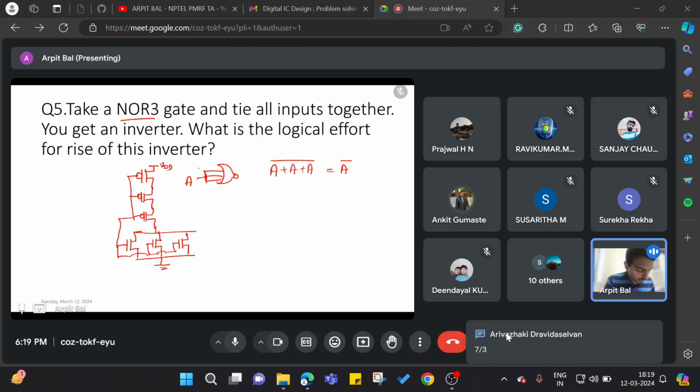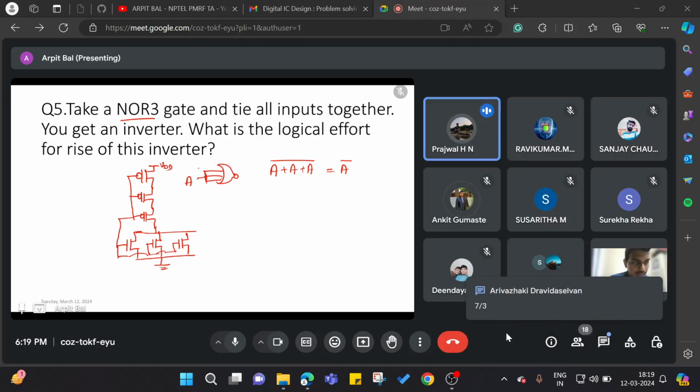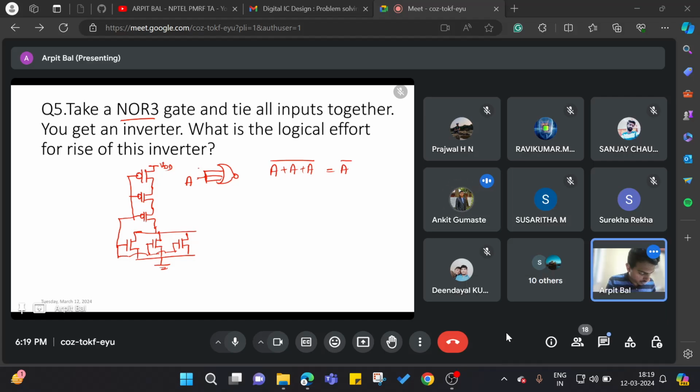Yeah, it is 7. Yes, correct. 21/3. And how did you arrive at this number? Sir, all PMOS are size 6, so adding all that, and NMOS is size 1. So that 18 plus 3, 21C divided by standard reference inverter's input capacitance 3C, we get 7.